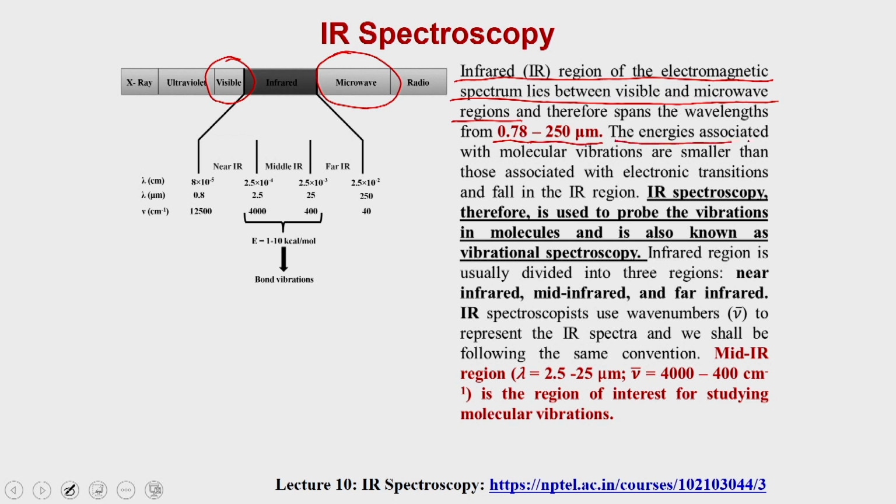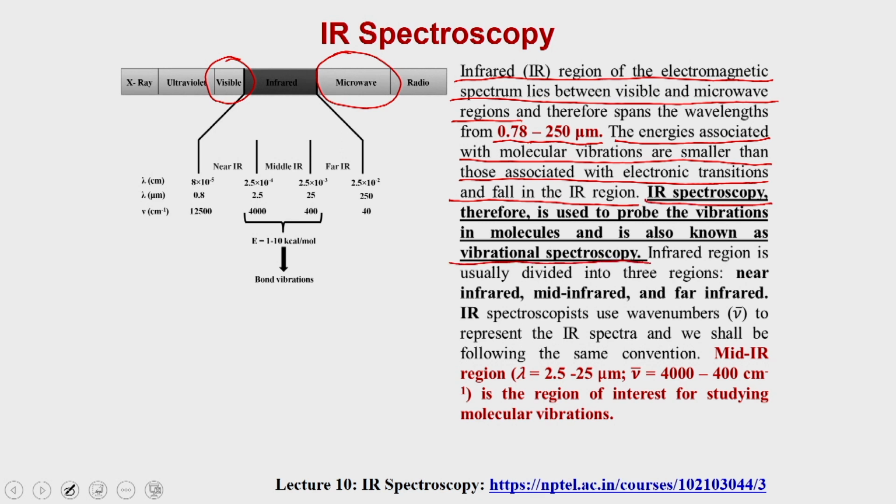The energies associated with molecular vibrations are smaller than those associated with electronic transitions, and those fall into the IR region. That is why IR spectroscopy is also called vibrational spectroscopy.